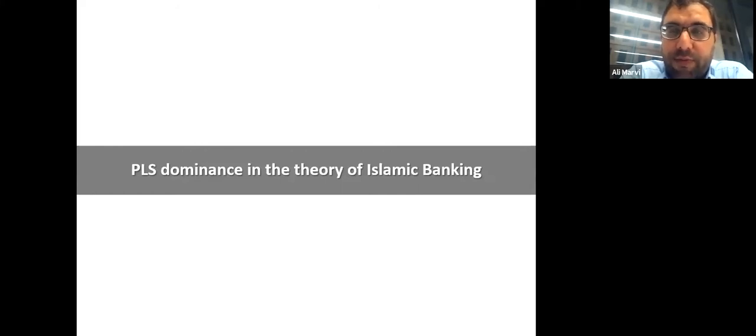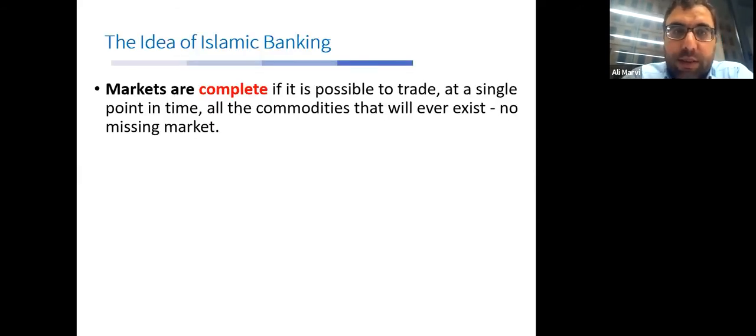PLS stands for profit and loss sharing, and if you remember, I explained that two types of Islamic contracts, Mudaraba and Musharaka, are actually profit loss sharing. Even by focusing just on economic concerns and not Islamic concerns, these types of contracts are really good.